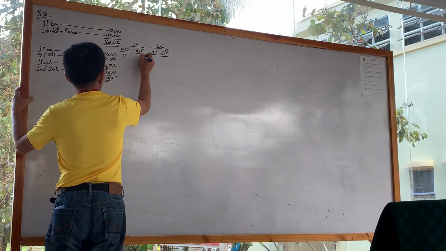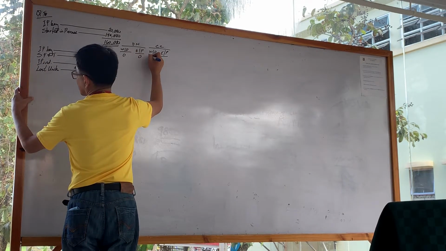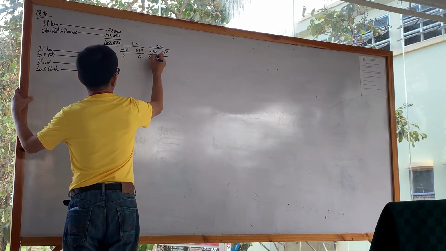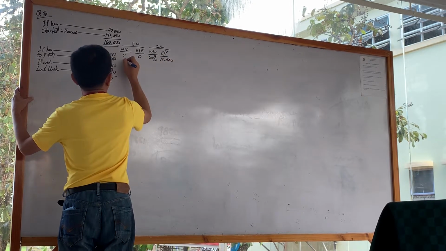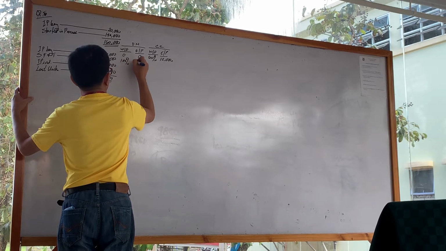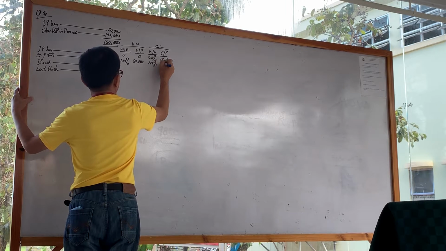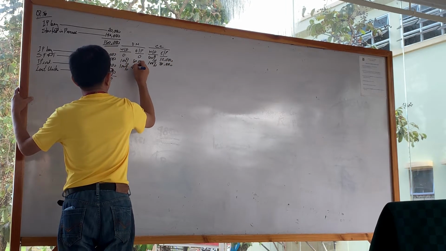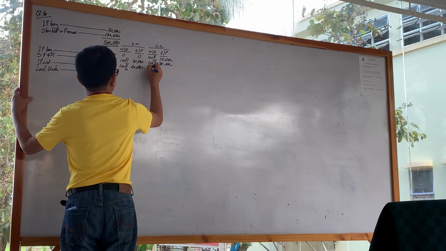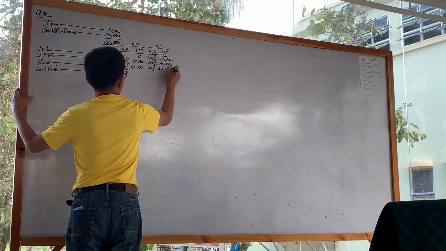Therefore, this is 0. This is 60%, 12,000. This is 100%, 80,000. 100%, 80,000. This is 100%, 40,000. This is 60%, 24,000.